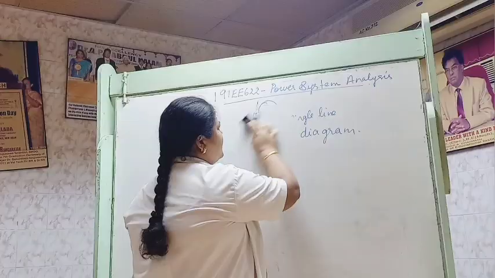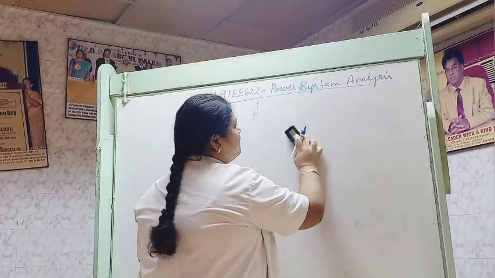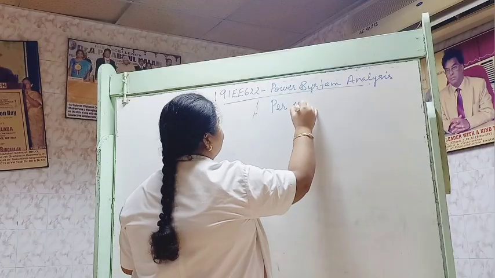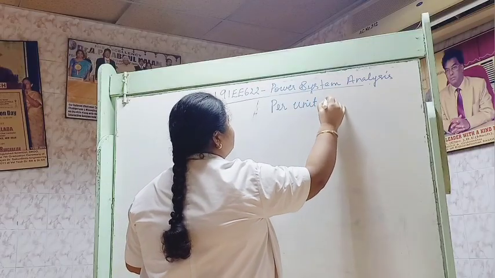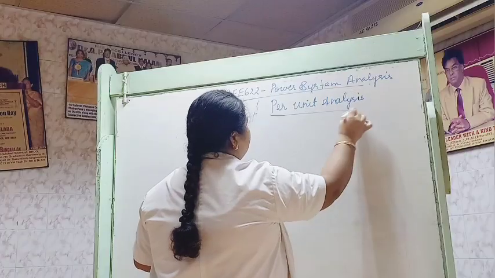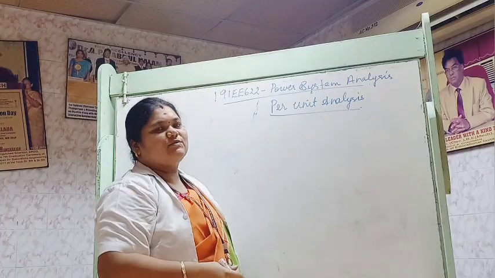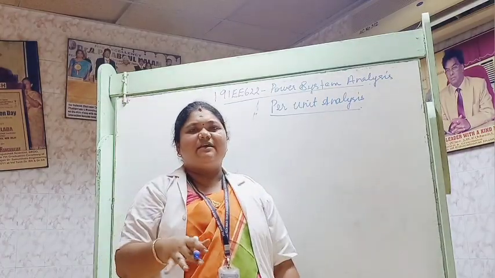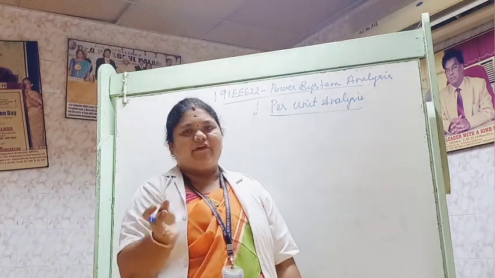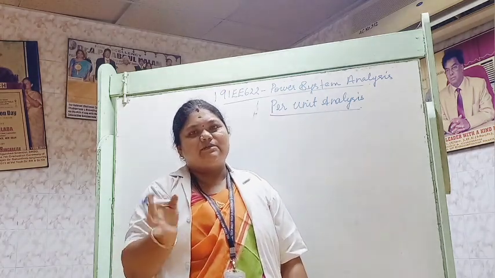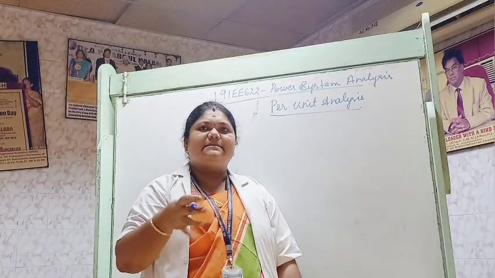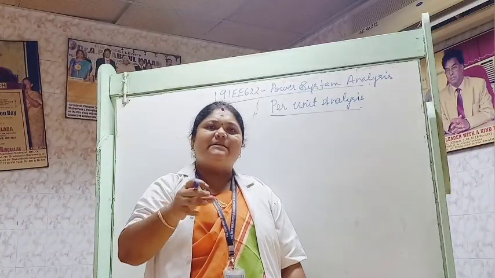So what is per unit, and why per unit? Per unit analysis is where each and every electrical component, we started with generator, then transformer, then transmission line, these are the components of your power system. Each component has its own characteristics and is represented in such a way.